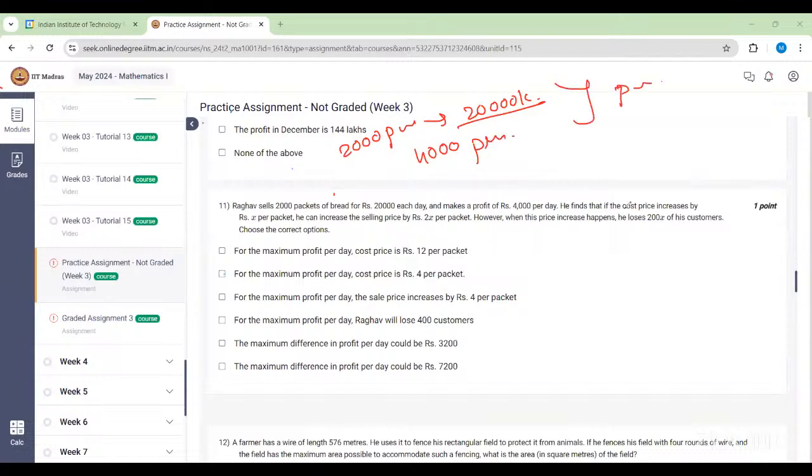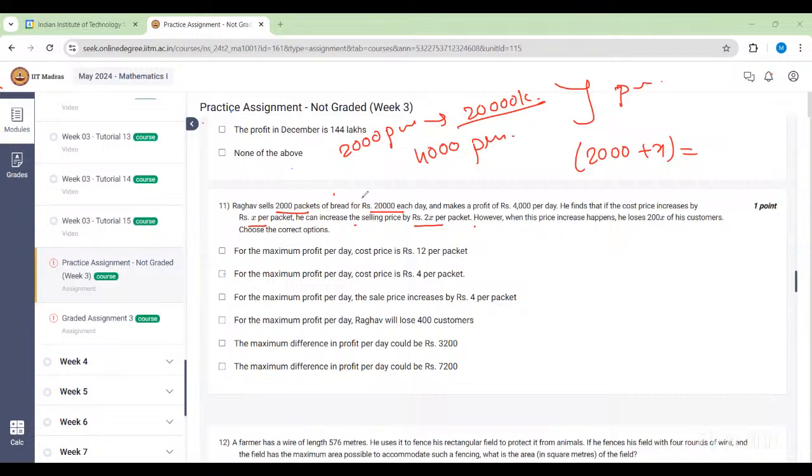So he finds that if the cost price increases by X per packet, the new cost is 2000 plus X per packet, and he can increase the selling price by 2x per packet. Initially the selling price for 2000 packets was 20,000. So if you increase rupees X per packet, the selling price will increase by 2x per packet.